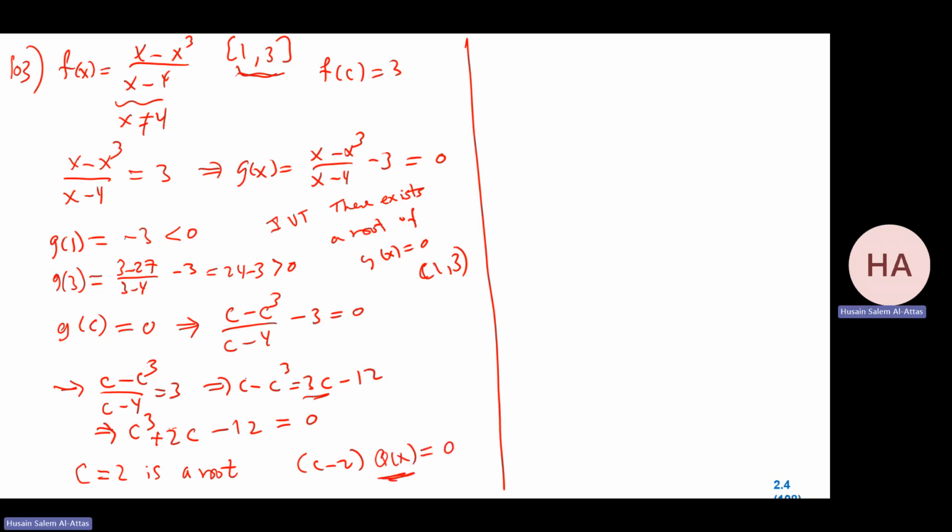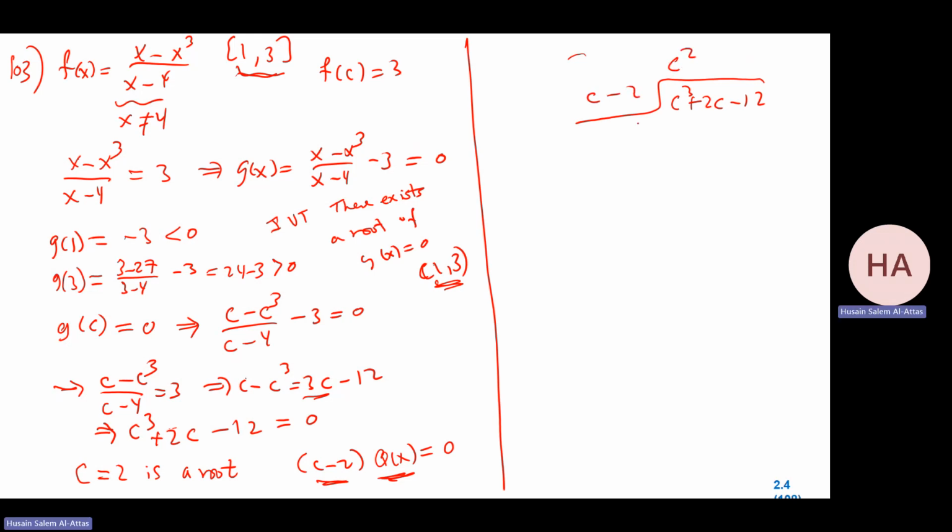So I need to find this q of x through the long division, c cubed plus 2c minus 12. We do something like that in the prep. So this is c minus 2. To be sure there are no other roots, I need a space. Actually, this is enough. That means 2 is a root, which is what we're looking for. But for completeness, we don't need it.